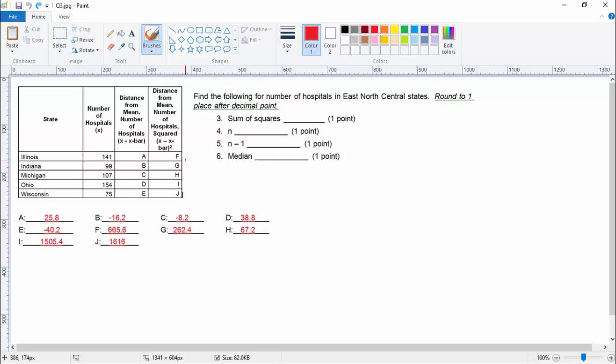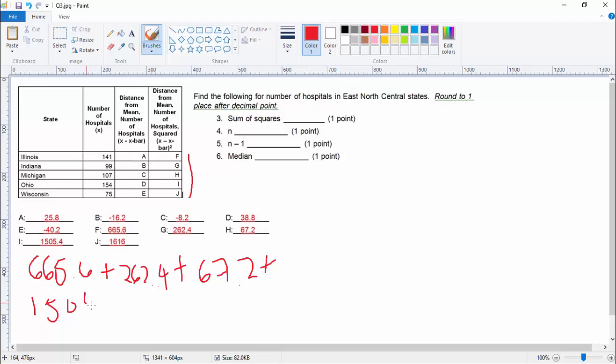So you'd be taking F, which is 665.6, plus 262.4, G, this whole column here, plus H, which is 67.2, plus 15.? These squares are big because of the squaring.